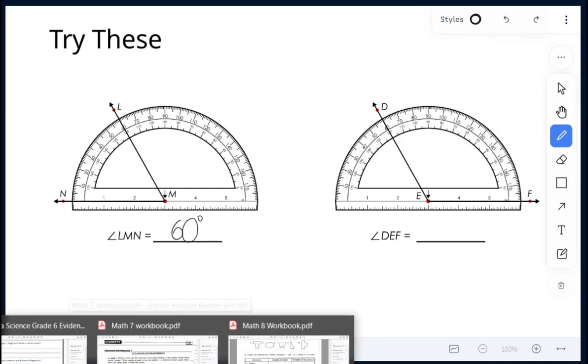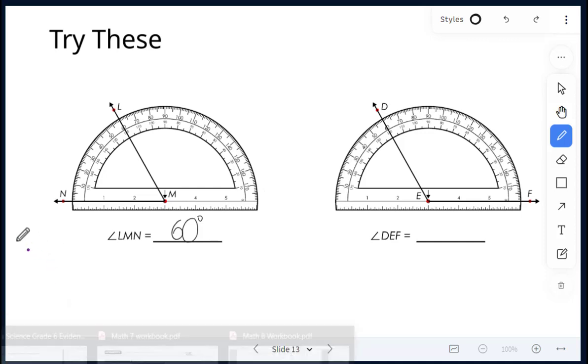All right, so our first example, we're looking at angle LMN. We are using the left side, so we're going to use our outer edge, so 60 degrees, which makes sense. It's not going to be 120 degrees because it is an acute angle.